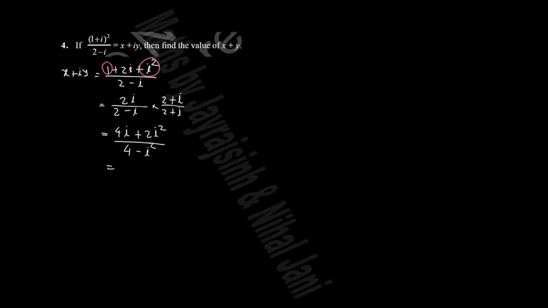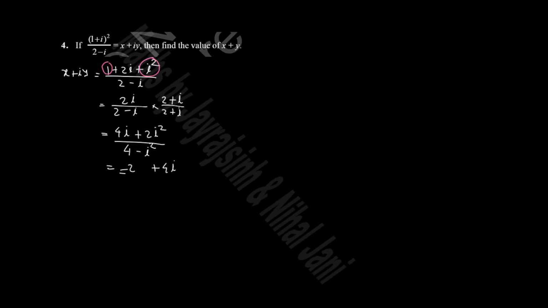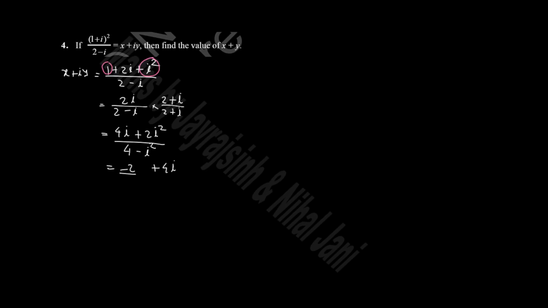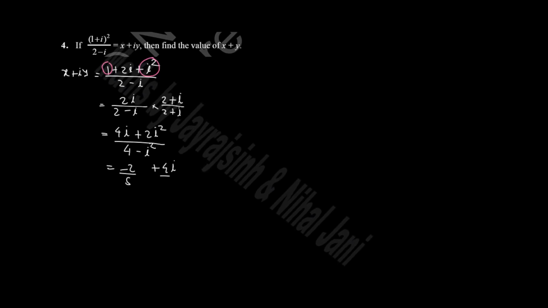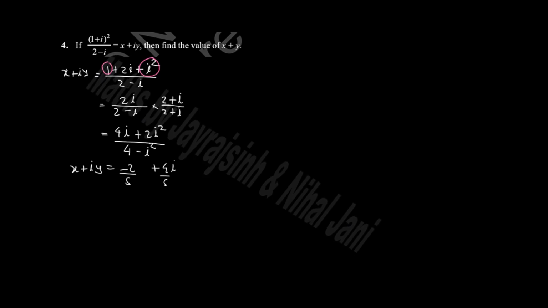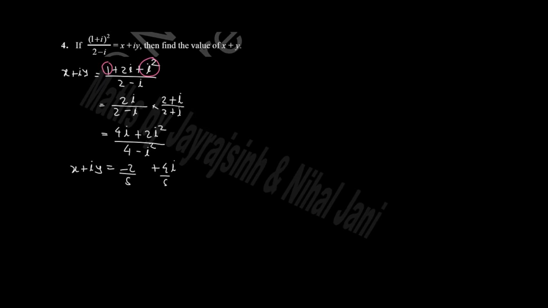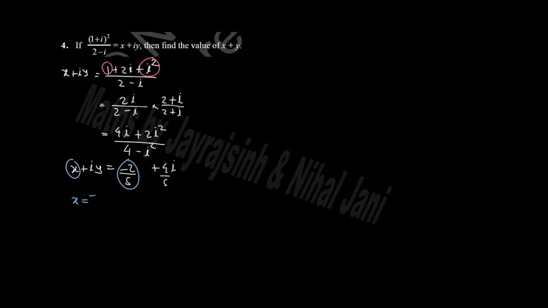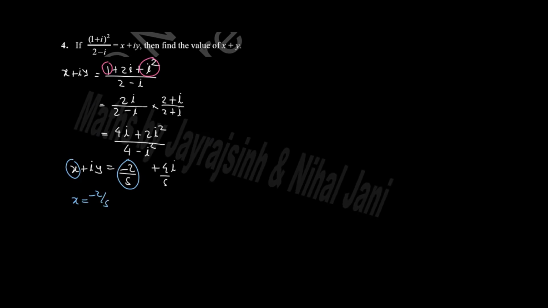Now simplify. What is 2i square? Minus 2. And 4i will be as it is. In the denominator we have 4 plus 1, or we can say 5. So we get x plus iy is equal to minus 2 by 5 plus 4i by 5. To get the value of x, compare the real part: x equals minus 2 by 5.